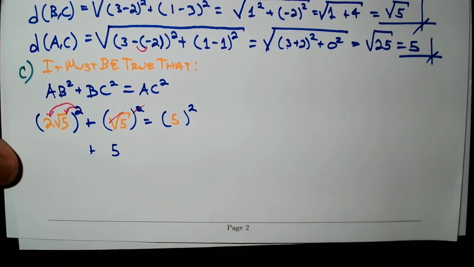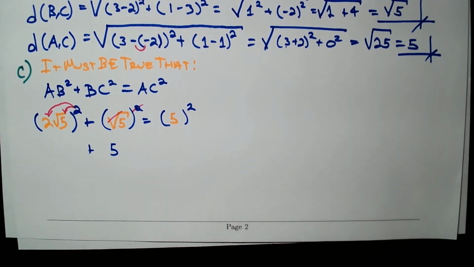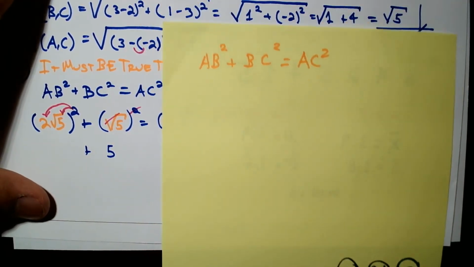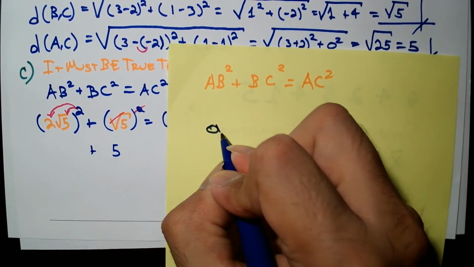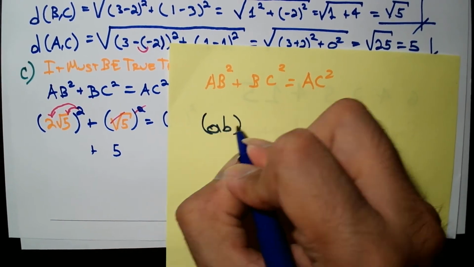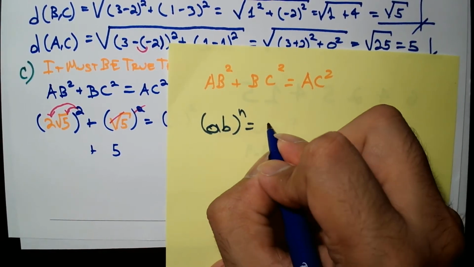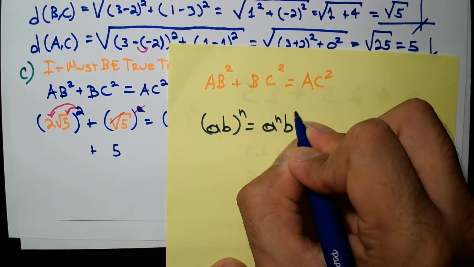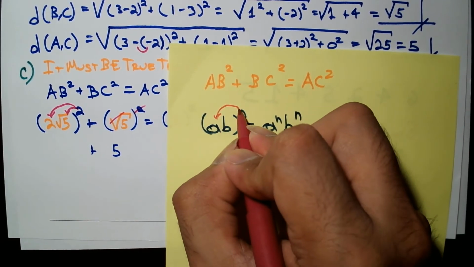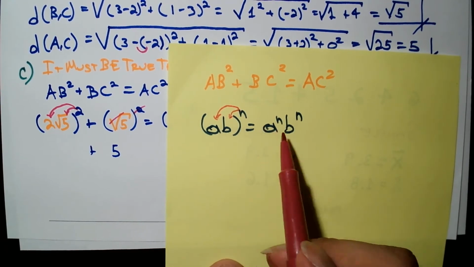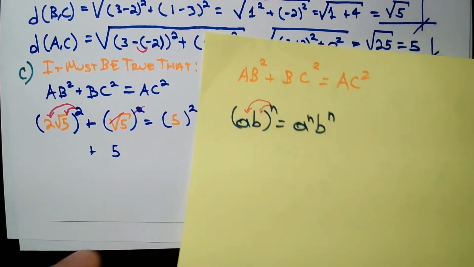What am I doing here essentially? (ab)^n equals a^n b^n. So in a way, it's like distributing the power to every single factor inside of the radicals.